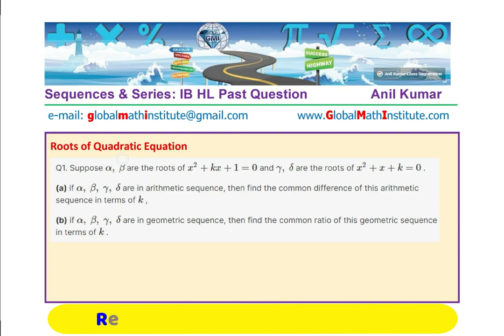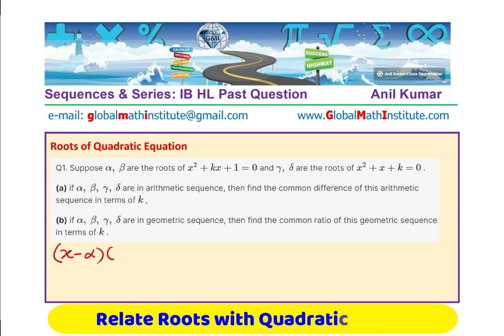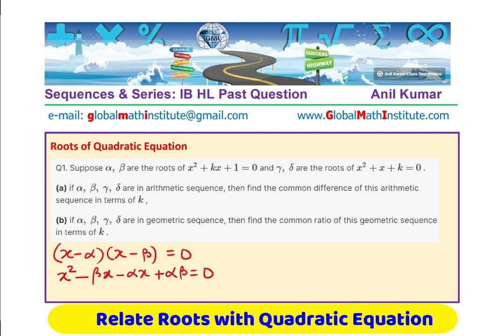If alpha and beta are the roots of the given quadratic equation, then we can always say that x minus alpha times x minus beta will be equal to 0, since they are roots. When you open this up, you get x squared minus beta times x, minus alpha times x, plus alpha beta equals 0.